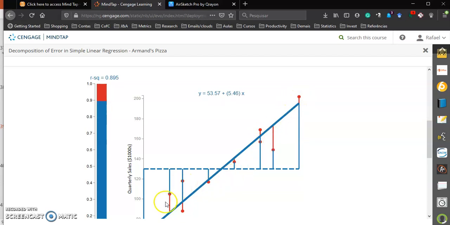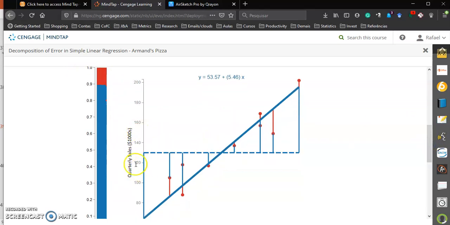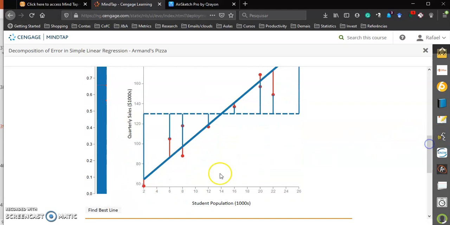We are decreasing the amount of mistakes we're committing, and we are increasing the blue lines, which is our assertiveness. Okay, look how the R-square now is almost 90%. So 90% of the variability in sales is explained by variability in student population.